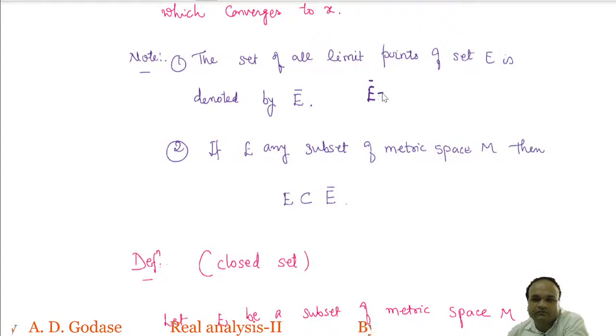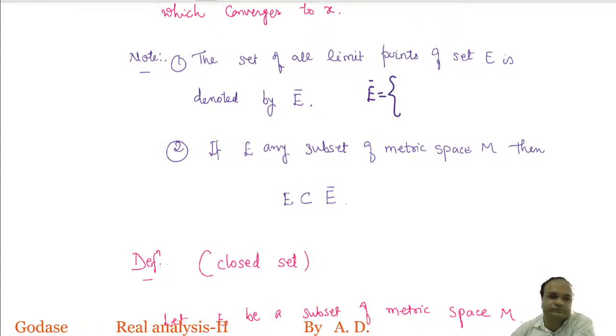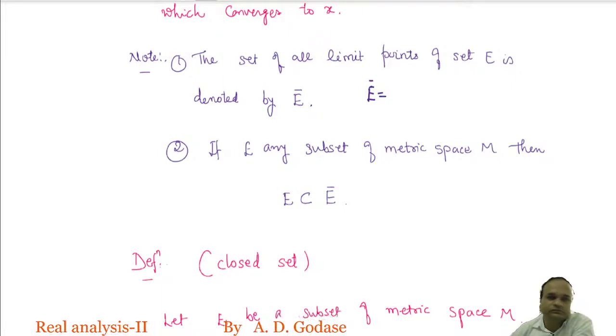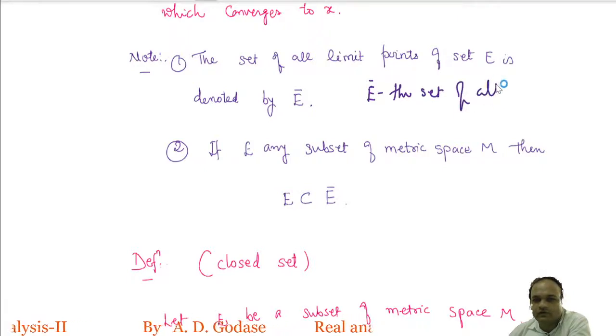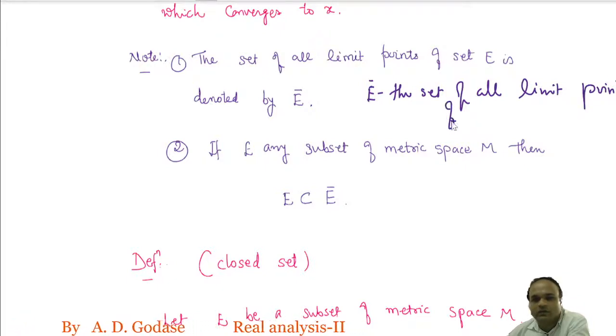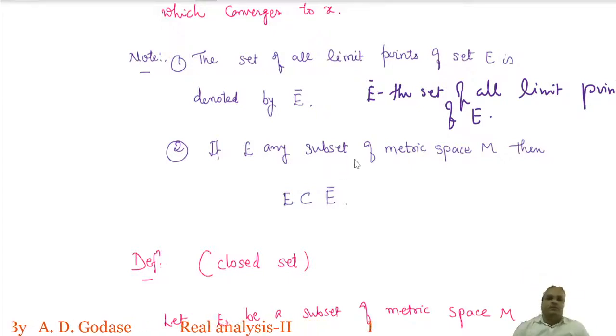E bar is the set of all limit points of E.